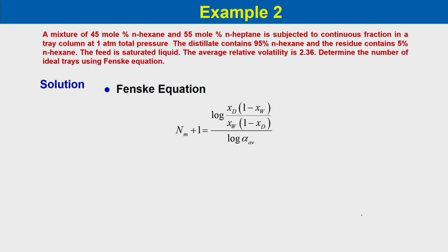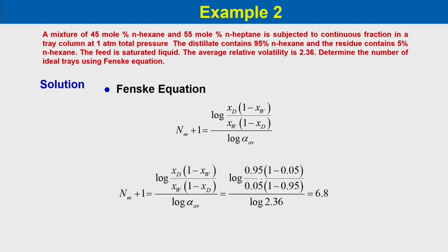From the Fenske equation, we can write nm plus 1 is equal to log of x_d into 1 minus x_w divided by x_w into 1 minus x_d, divided by log alpha average. If we substitute the values, x_d is 0.95, x_w is 0.05 and alpha average is 2.36, and calculate, it will give 6.8.